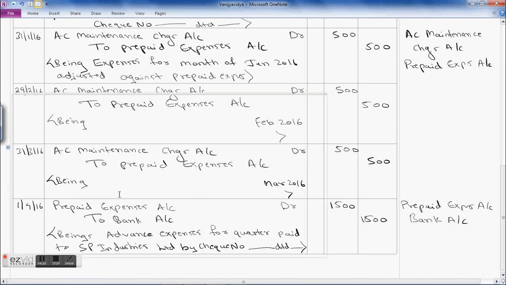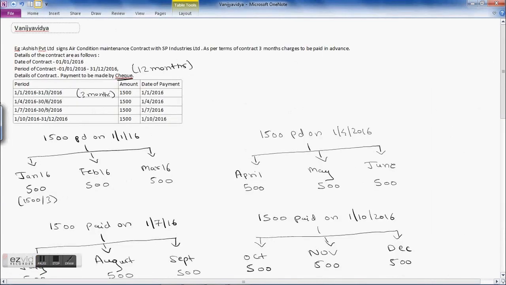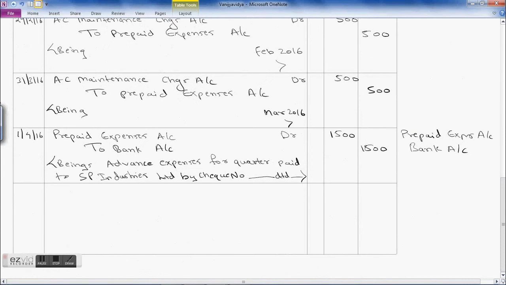Okay, now the next thing. Now on 1st April we have made a payment for the month of April, May and June. So at the end of April again we need to pass an entry. At the end of April again we need to recognize the expense.